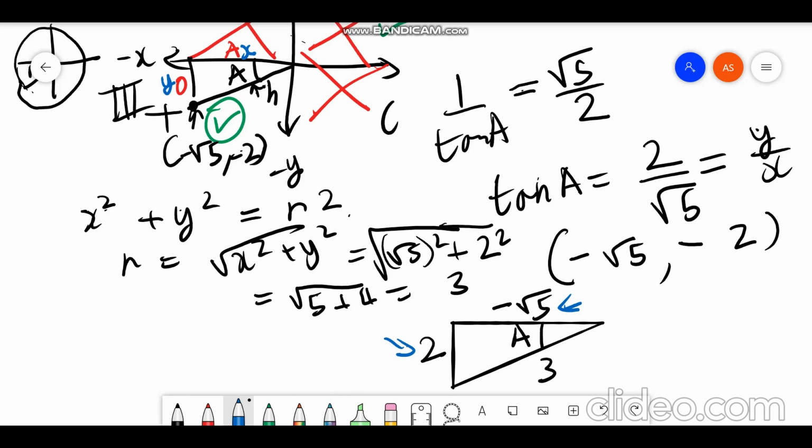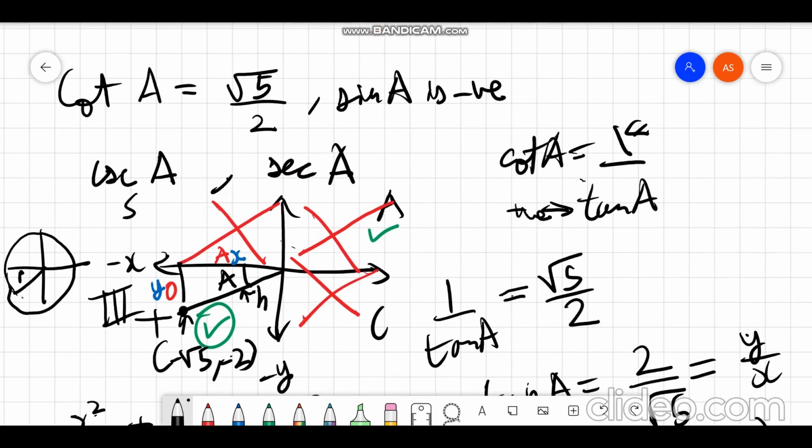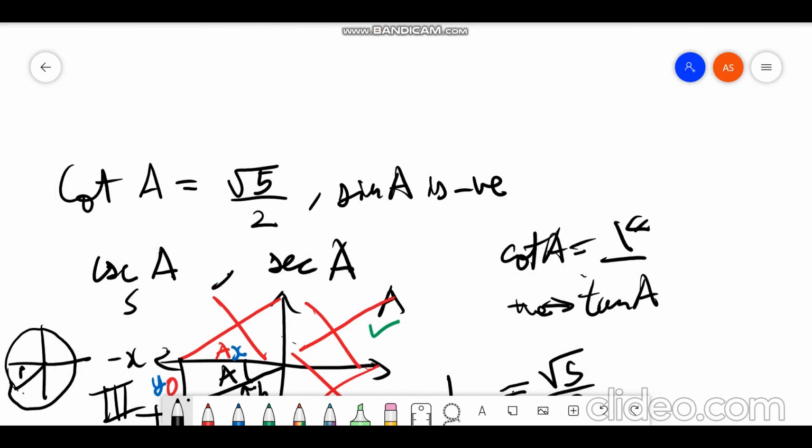Oh, this y should be -2. And then we have this radius as 3. Now we can find these, which we originally wanted.